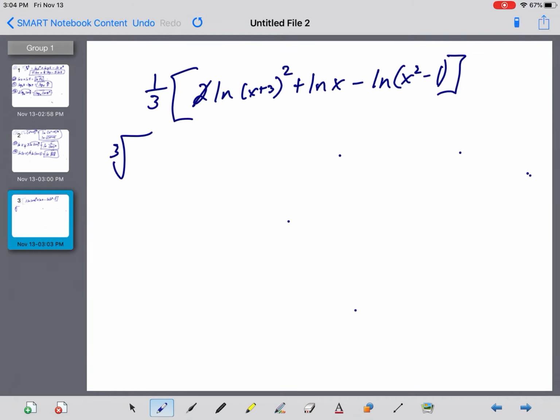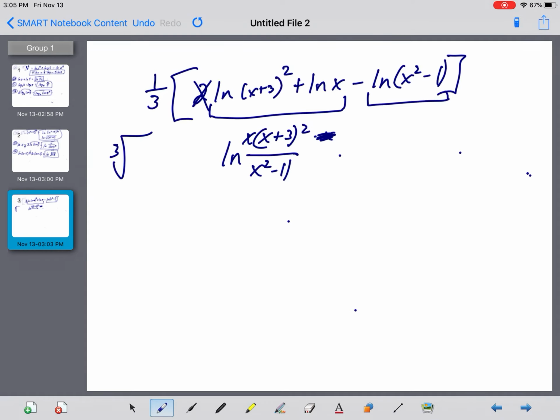All right, so that 2 is going to become a power. Now I'm going to write these together as a multiplication, and then I'm going to put this in as a division. So this is going to be the natural log of x plus 3 squared times x. So usually you write the x out in front, so I'll write the x in front there, all over x squared minus 1.